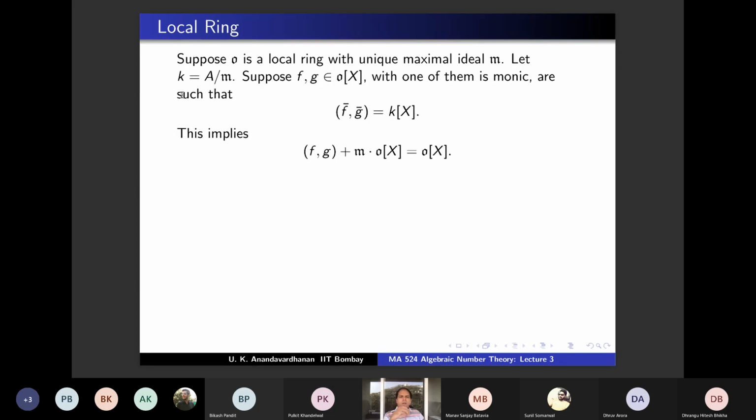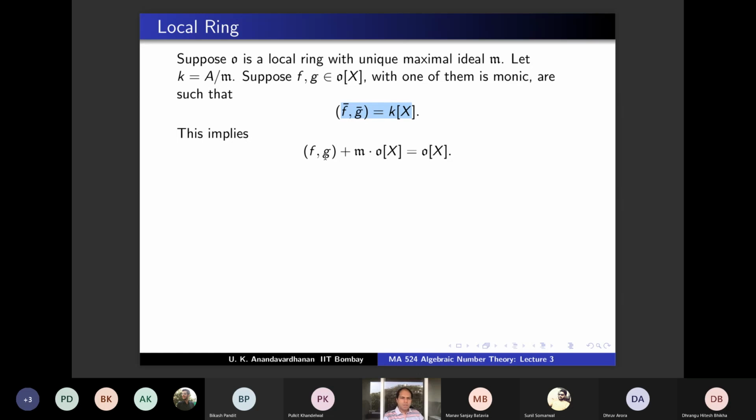So what can you conclude from this? This means O[x] can be written as the ideal generated by the original polynomials plus m times O[x], right? That is basically rewriting this, right? If you take an arbitrary polynomial in O[x], let us say h, modulo m, you can write it as A f bar plus B g bar.